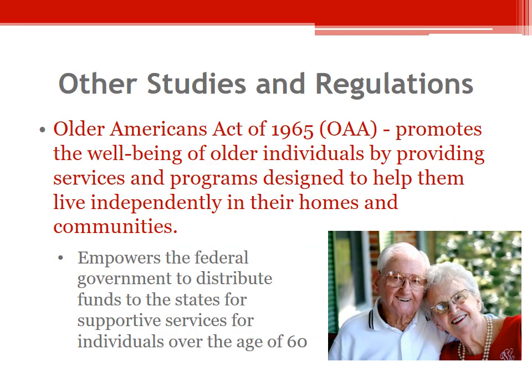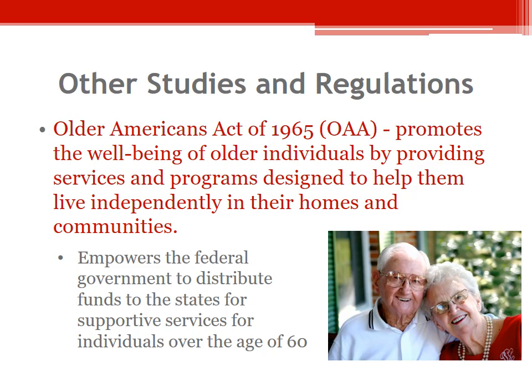A very important piece of federal legislation was the Older Americans Act of 1965. This act established the Administration on Aging. It also promoted the well-being of older individuals by providing services and programs designed to help them live independently in their homes and communities.